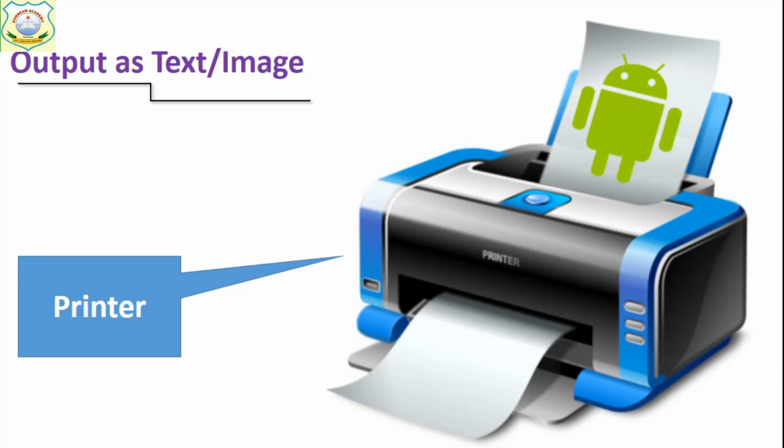It comes in various variants in the market. A black and white printer is there, a colored printer is there, but a colored printer is slightly costlier than a black and white printer. So usually in general we use a black and white printer. Most offices have a black and white printer.